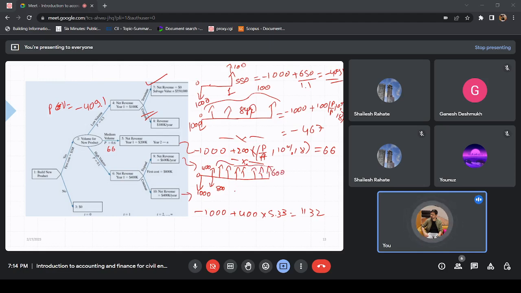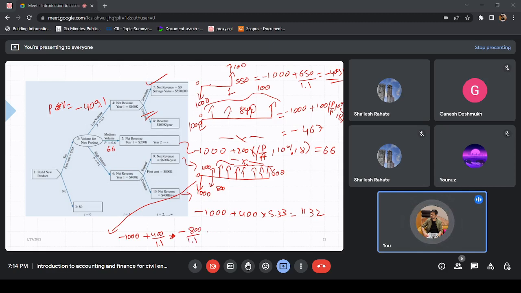So what will be the equation in this case? I will write it here. Minus 1000 plus, let's bring 400 to the first year, plus or minus, right? For 800, minus 800, bringing it again to the first year.